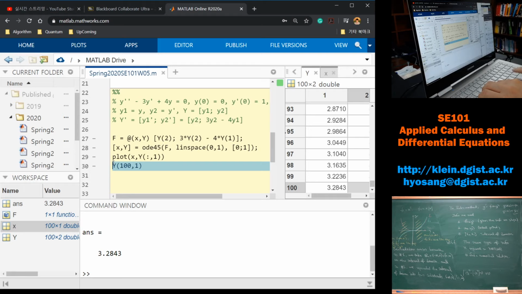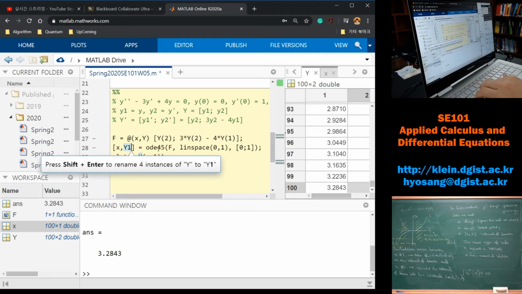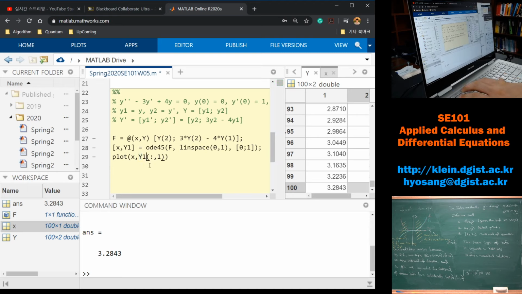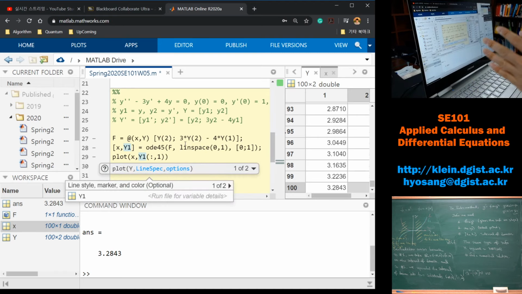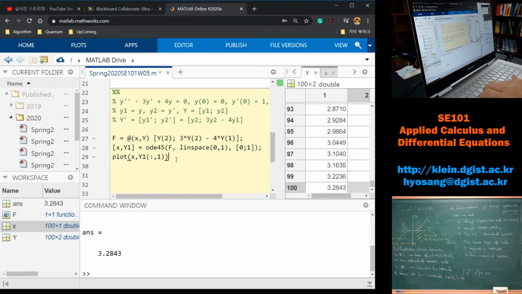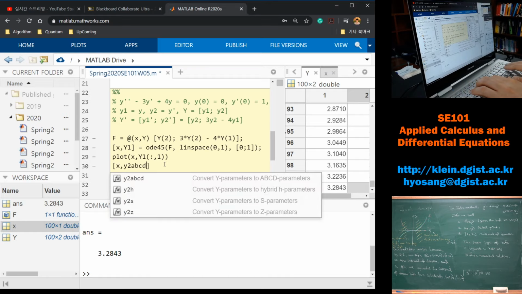To get the result, I will take another graph. Let's rename the numerical solution from 0 to 1 as y1, and draw another one, y2.